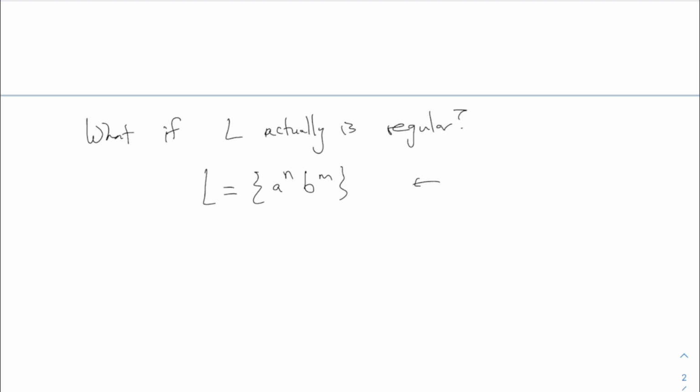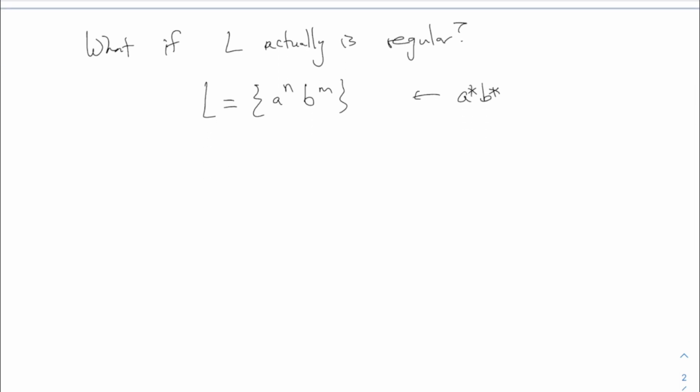Do you remember regular expressions? Yeah? A star, B star. Yeah, A star, B star. This is just some number of A's followed by some other number of B's. Now, if it's the same number, then you got problems. But the n and the m being different makes it very easy to handle with a regular expression. Anyway, let's try the same thing.